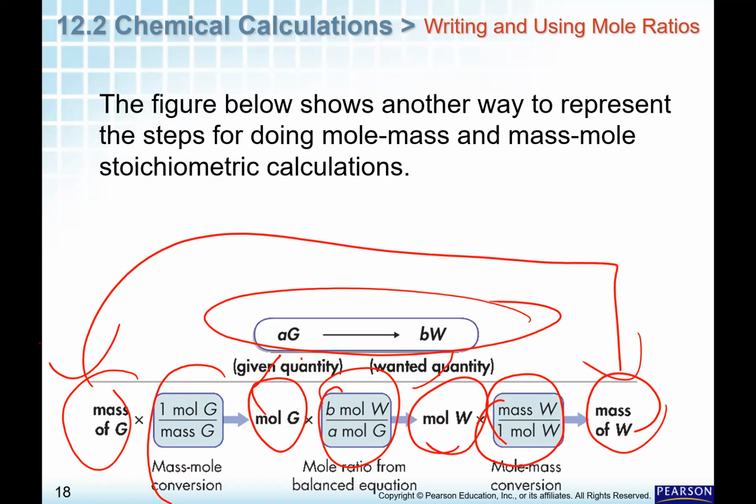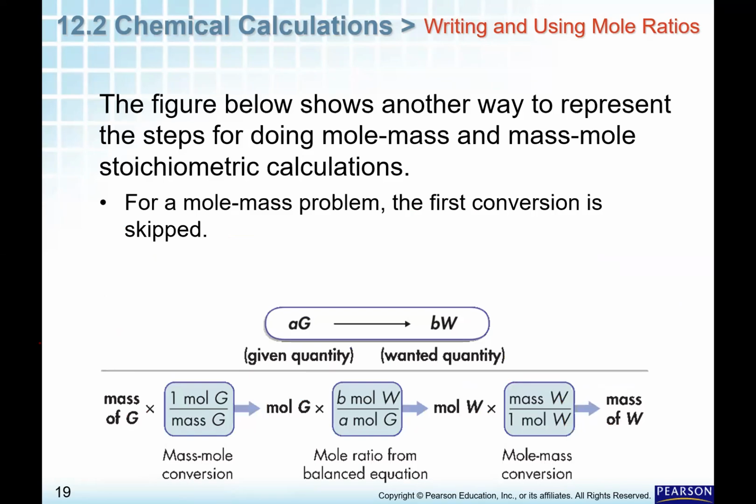Okay, the question is about mole-mass problems. It's not always that the question will ask you for mass to mass. It could be moles to mass. So if it is a moles to mass problem, then the first step would not be needed, and we start from here.